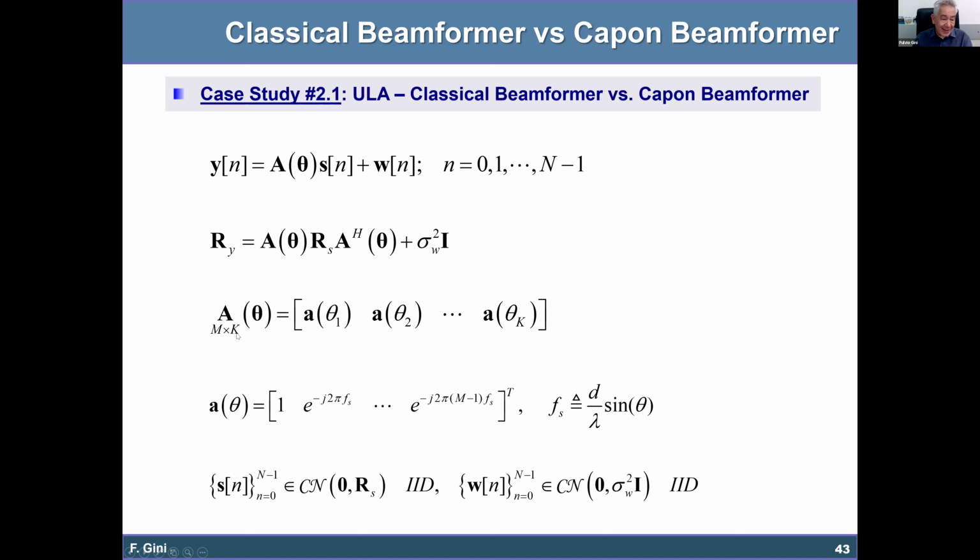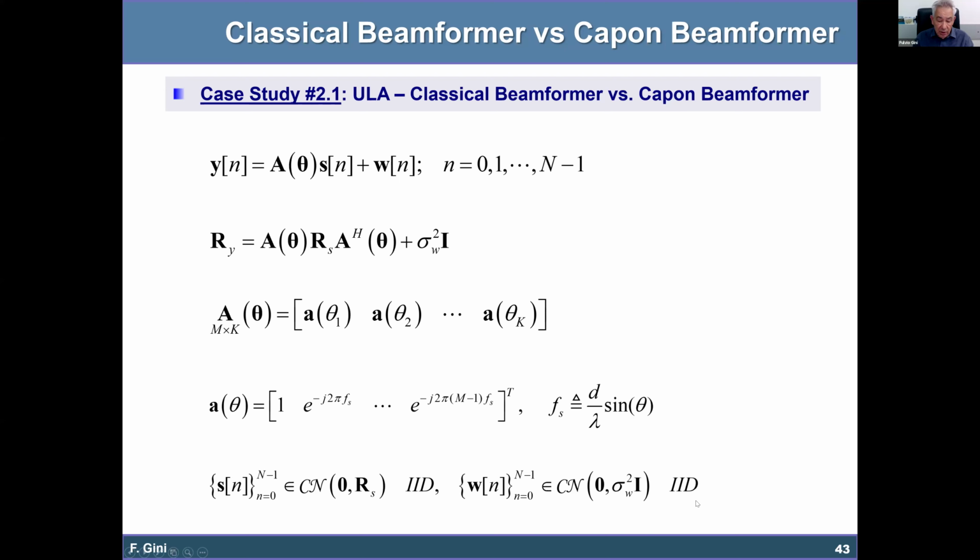Let's assume that there are K targets, K sources coming from these K different angles. The array is ULA. The signal samples are independent and identically distributed. So the various snapshots that we collect are mutually independent, but with the same distribution. So they are, we say, IID, independent and identically distributed.